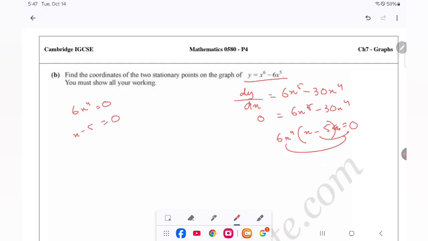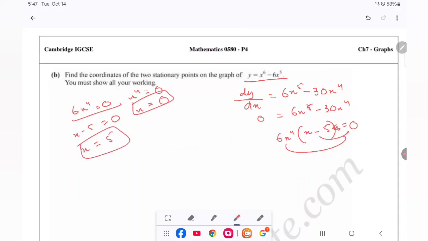Here x is equal to, add 5 on both sides. So these are the two values: x is equal to 0, and the first x value is 0 and the second is 5.